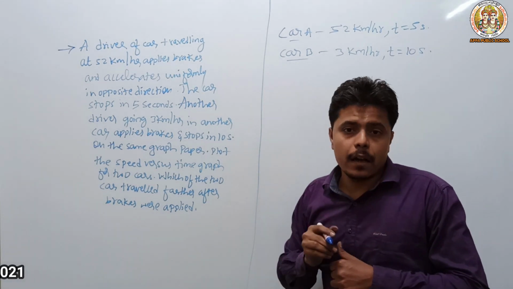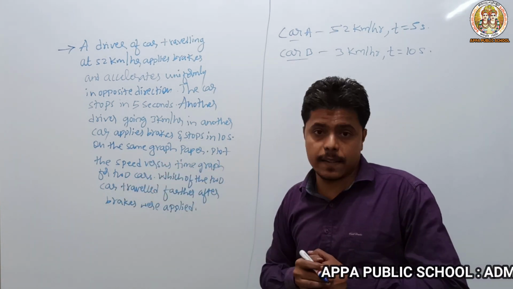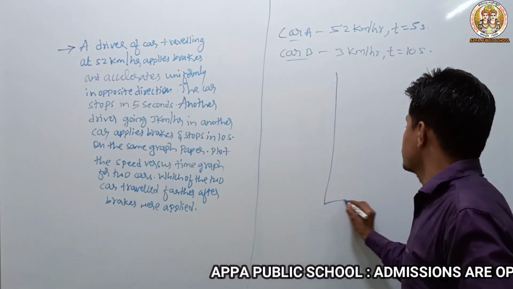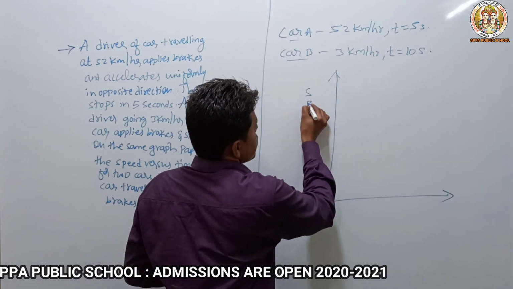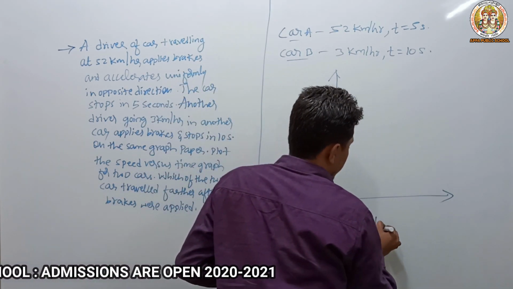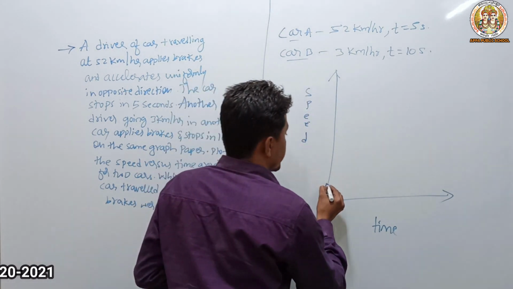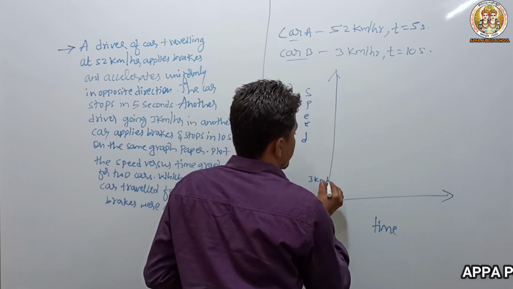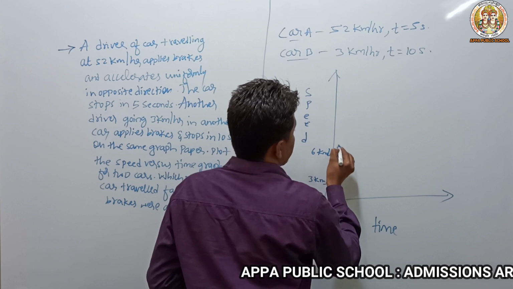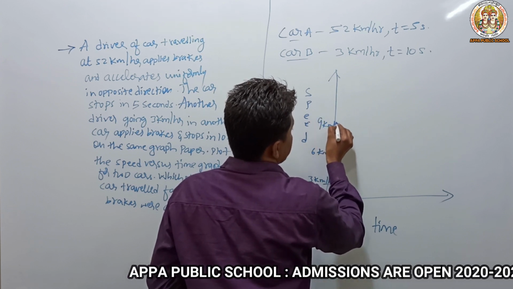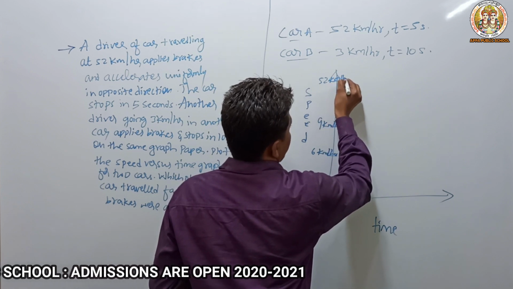So car A and car B. What they have asked here is to plot the speed versus time graph for the two cars. So we know that a speed versus time graph is nothing but speed and time. Now for speed we will consider here 3 km per hour, 6 km per hour, 9 km per hour, and this goes on up to 52 km per hour.